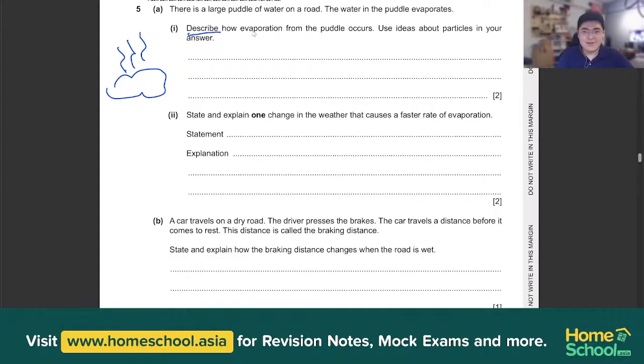Evaporation pretty much happens when the most energetic particles escape from the liquid. That is how liquid particles evaporate and turn into a gas.